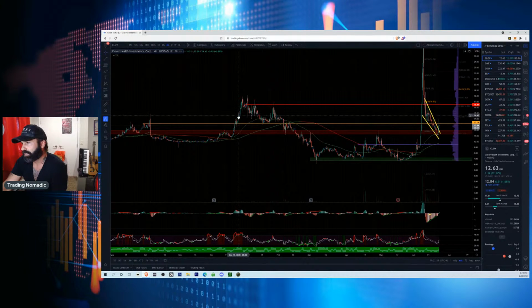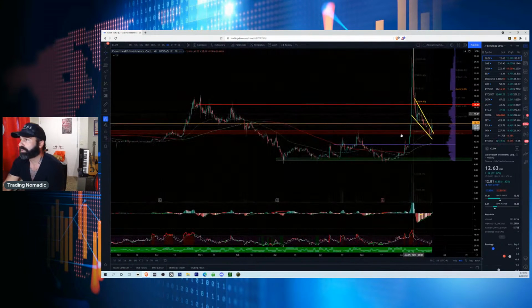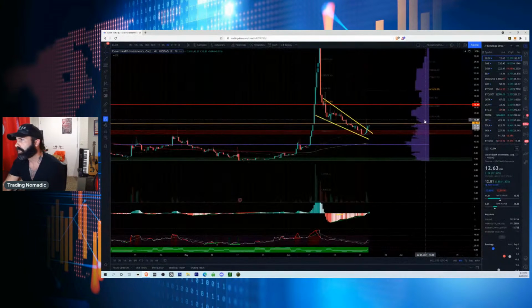You got this wick at about 14.48, 14.50. You got a couple candle close highs, and you got the wick to 15. That could be the first stop, because you do have resistance here, and it looks like after that you did test it as support. So that's where I would be looking if we were looking for a target on CLOV.